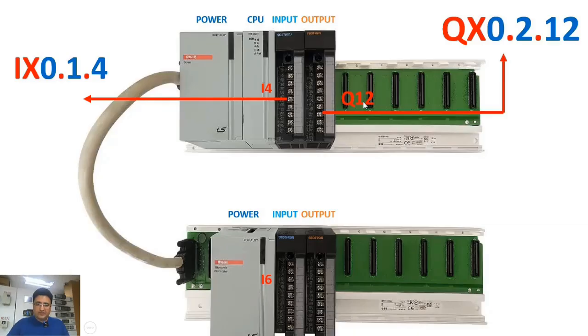Now, suppose for a moment that we want to precisely assign a particular address to input number 6, which is located within rack number 1, or more precisely, our designated base number 1. It would be %IX1.1.6. Well, this shows that the I indicates our input. X indicates one of our inputs, meaning it is in bit form.